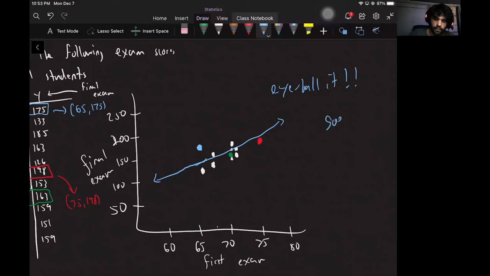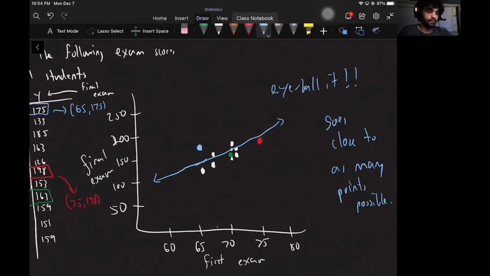It goes through close to as many points as you can. It's a good way to pretty much get it right. So yeah, a computer or a calculator can draw the actual best fit line perfectly, but you can just eyeball it.